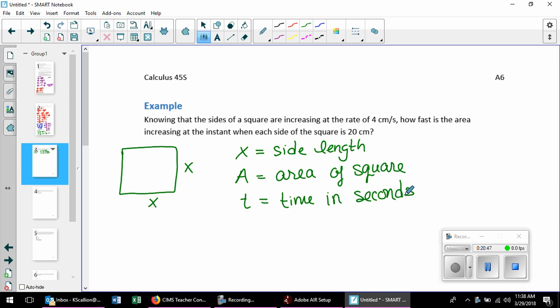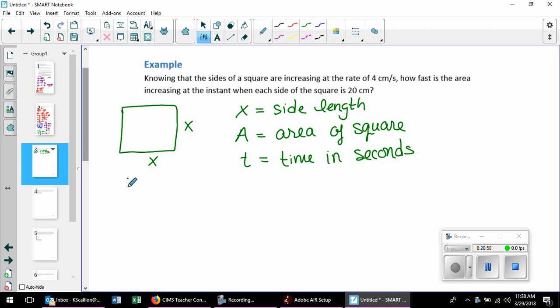So what do we know this rate is? So let's talk about, we have our three variables. We're going to be differentiating x with respect to T. Everything's time. And this is a rate problem that tells us length over time.